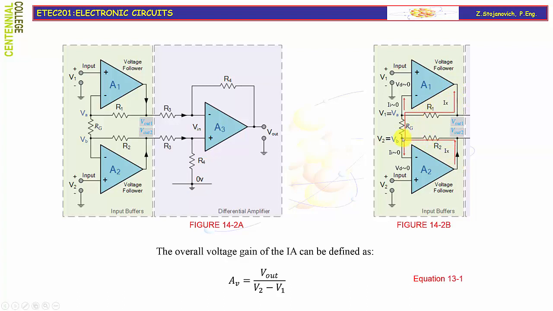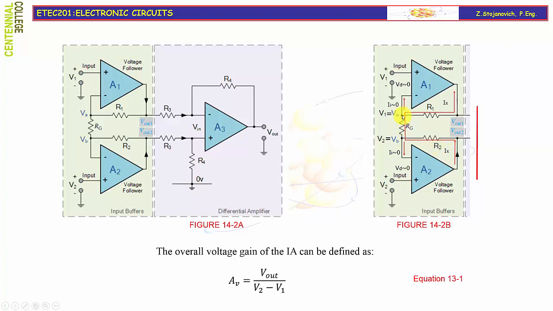Look at the Kirchhoff current law applied to this node. The current that flows in, which is designated as Ix, must be equal to the sum of the currents that flow through the resistor Rg and to the input of the voltage follower A2. Since we already assumed that this current is very small, we can neglect this part, so the current through Rg becomes Ix.